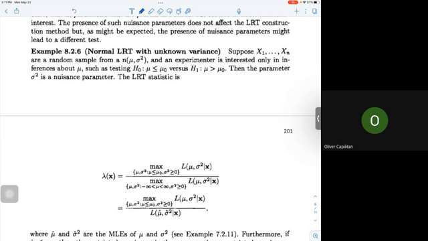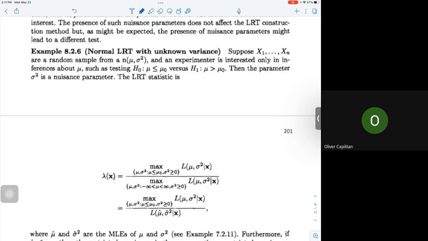So we have a null hypothesis here, which is actually a composite statement. Okay, there are a lot of values of mu here in our null parameter space. And then our test here is a one-sided test. So then the parameter sigma square is a nuisance parameter.